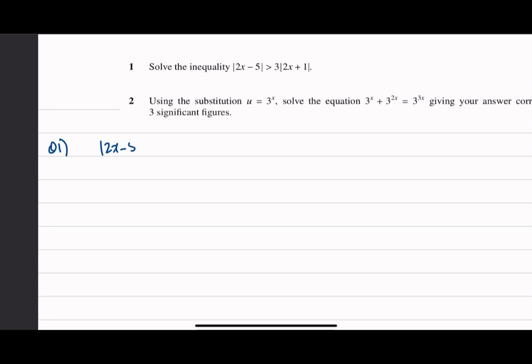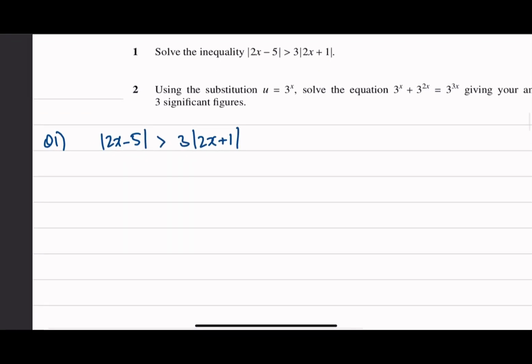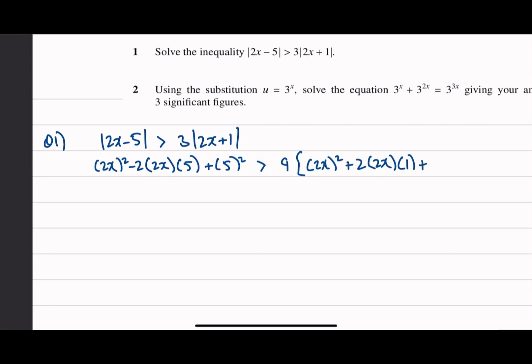Modulus 2x minus 5 is greater than 3 times modulus 2x plus 1. So you square both sides. So you're left with (2x) squared minus 2 times 2x times 5 plus 5 squared is greater than 9 bracket (2x) squared plus 2 times 2x times 1 plus 1 squared.